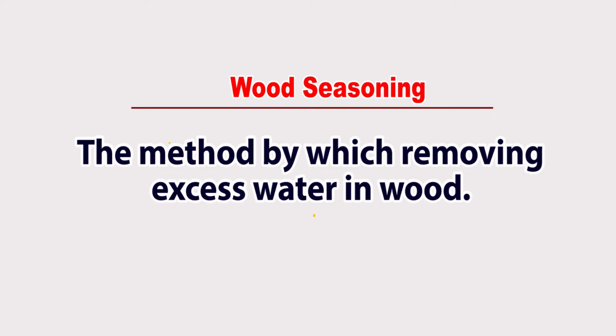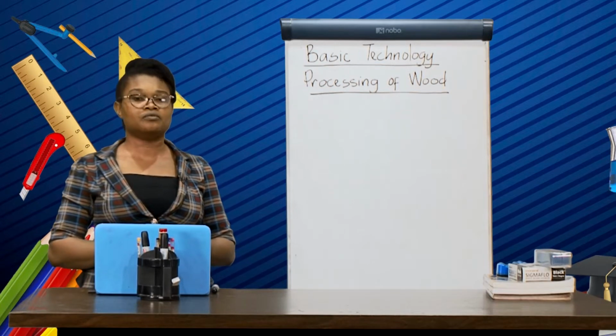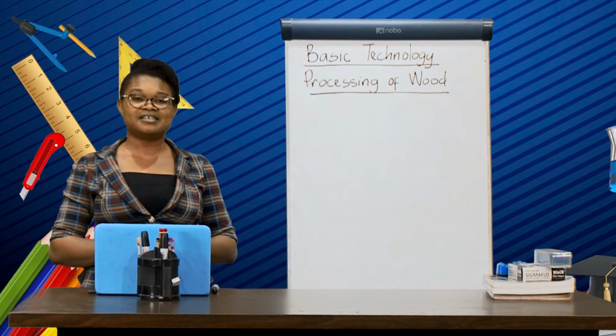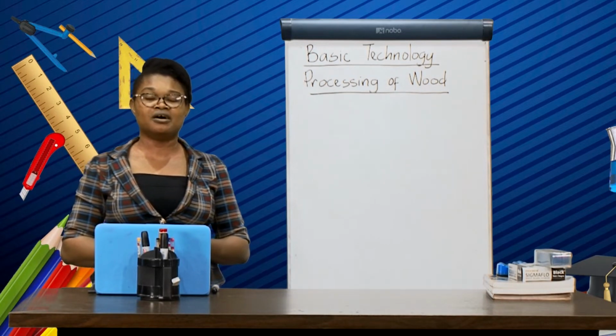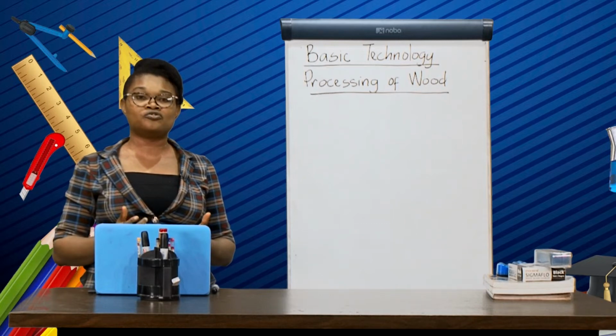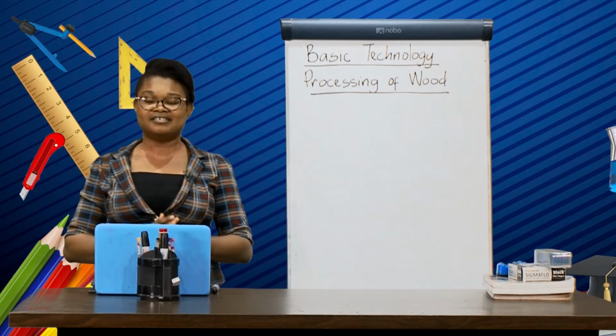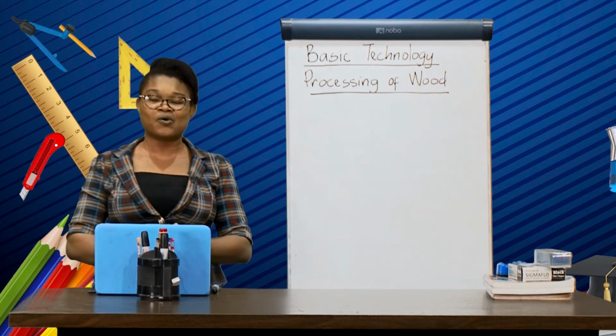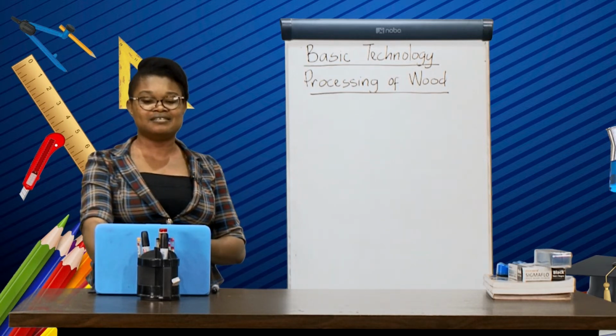We have 2 types of seasoning. The first one is natural seasoning, and the second one is artificial seasoning. Natural seasoning is also called air seasoning, while artificial seasoning is also called kiln seasoning.